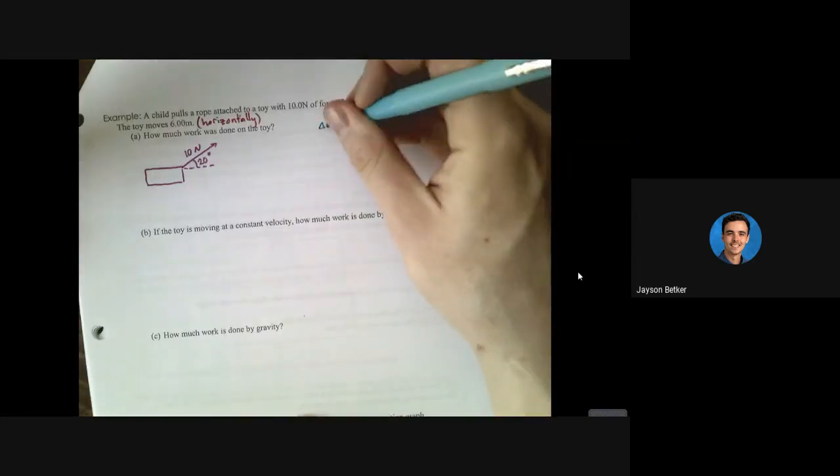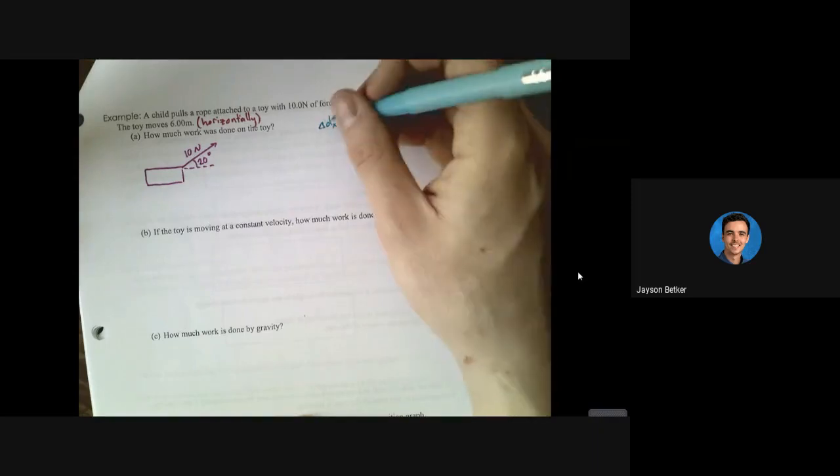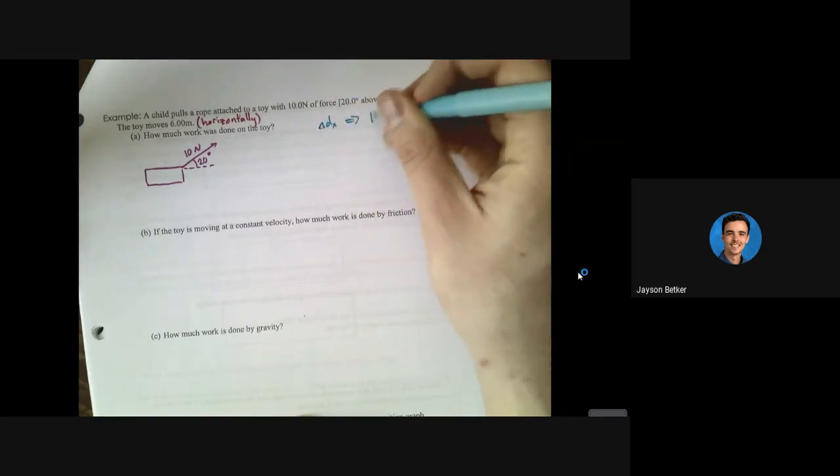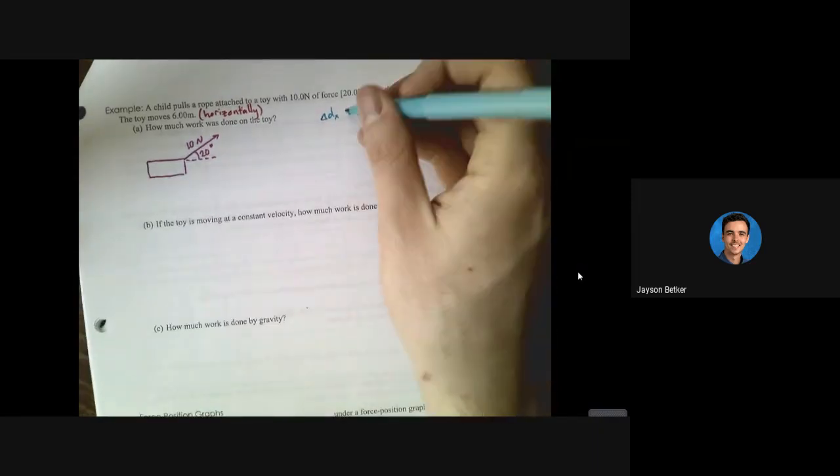So because we've only got movement in the x direction, our displacement's only going to be in the x direction. We want to find the force in the x direction as well. So because delta d is going to be in the x direction, we need to also have F be in the x direction too. So we're trying to find Fx. That means that work is also going to be in that same direction.